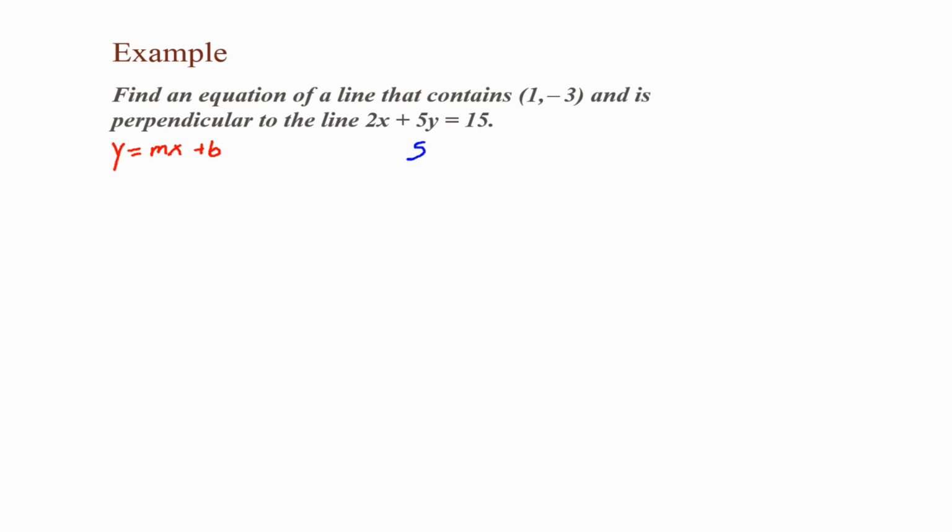First step is to subtract 2x from both sides. So I have 5y equals -2x plus 15. Now I want to divide both sides by 5. So y equals -2/5 x plus 3.